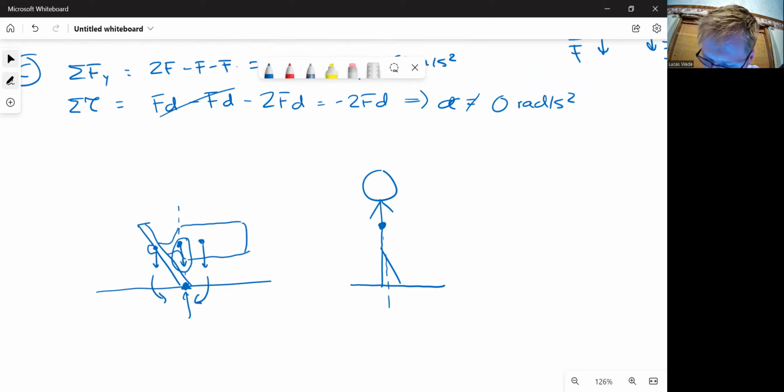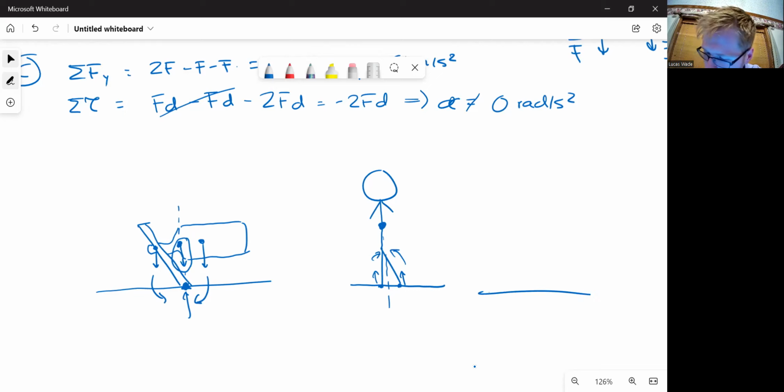And so the net torque produced around this axis of our 2 feet is 0 because the center of gravity sits right between them. We can think of it as the normal force on both feet being equal. And so in that case, they produce equal torques around that point. And so we don't fall over because our center of gravity falls right in between them.